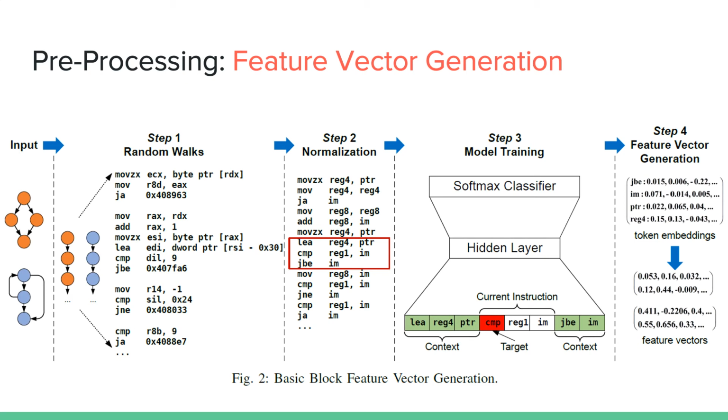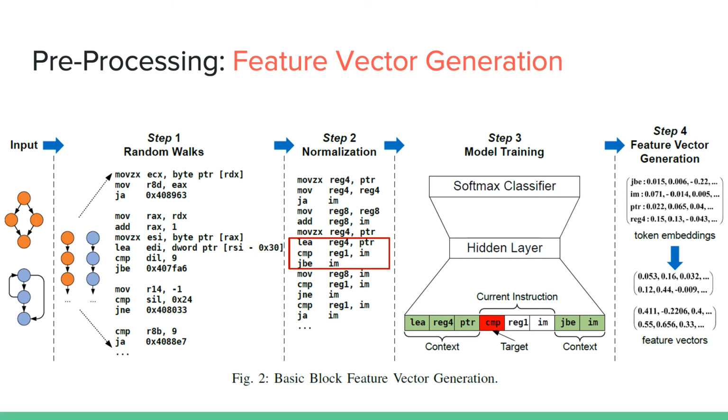To generate the embedding for one instruction, they concatenate the weight of the opcode and the average of the operands' embeddings.